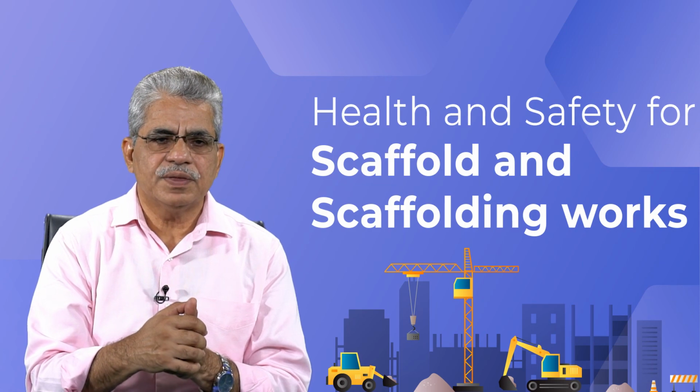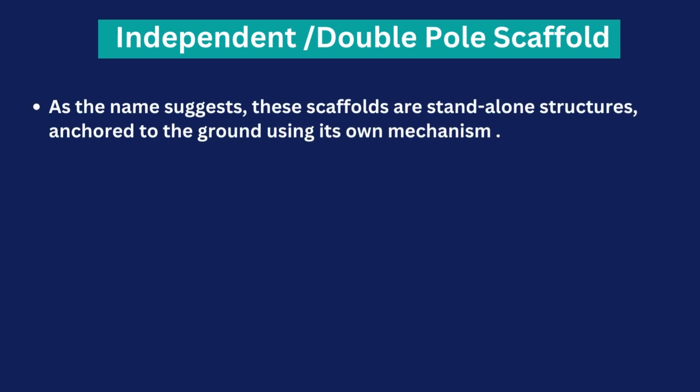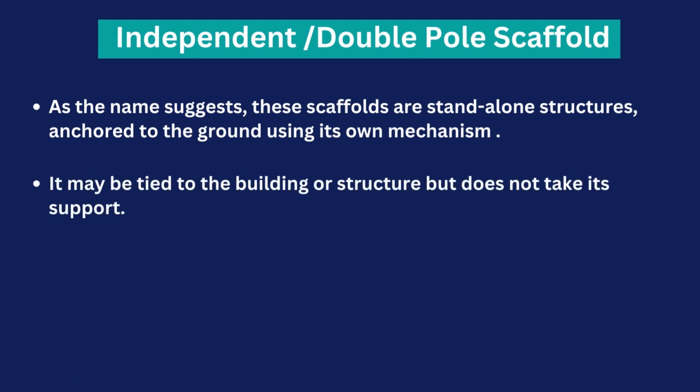First, I take the independent or double pole scaffold. As the name suggests, these scaffolds are stand-alone structures anchored to the ground using their own mechanism. It may be tied to the building or structure but does not take the support of the building.